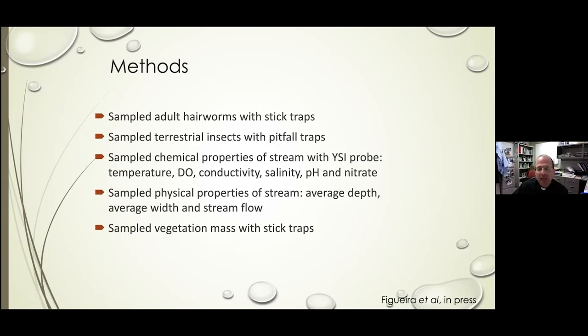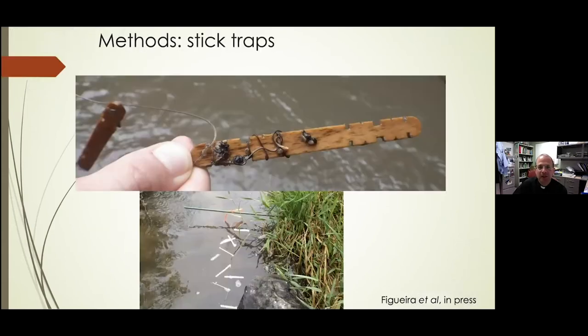The stick traps actually weren't super successful at collecting the adult horsehair worms, but they were pretty good at collecting vegetation that moved through the stream. So we also used the stick traps to collect vegetation.